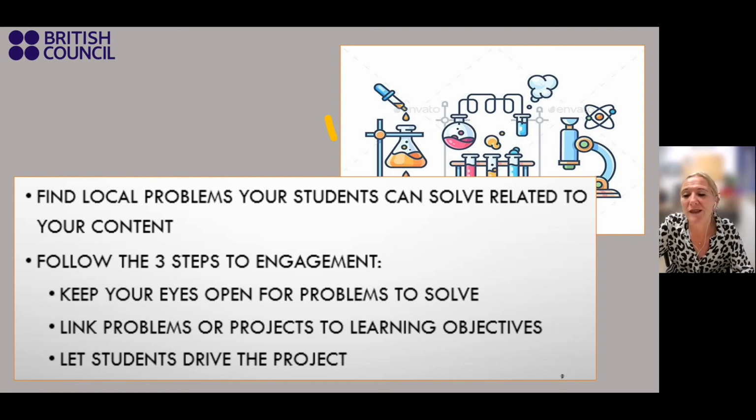A local problem, something that will have real meaning for your students, something that will motivate them because it actually makes sense to them in their lives, and not simply a list in a curriculum. And so these problems, the learning objectives, let the students be the ones who are in control, but obviously we can be there to help and to guide them.